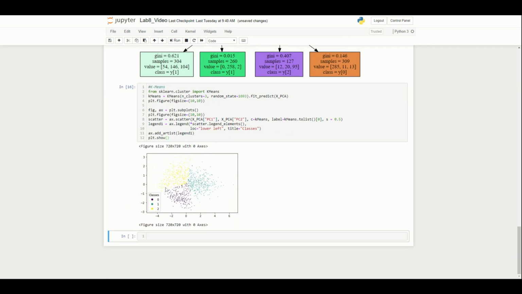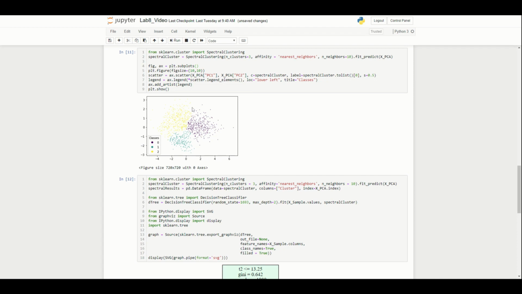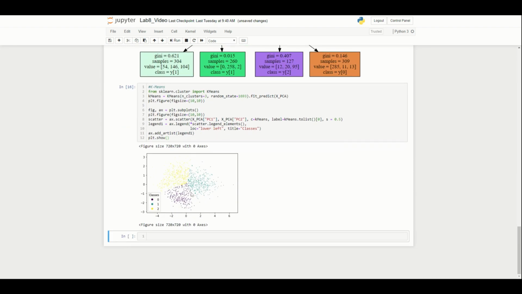Basically, we're saying these are the clusters that we would identify if we were using k-means clustering. You can see some slight differences. So in the spectral clustering, the borders between classes are not quite as sharp. That is, you have some variation along the boundaries, whereas in k-means, you have very, very straight boundaries. And again, we'll talk more about why that is the case, and why you would choose k-means over spectral later in the course.